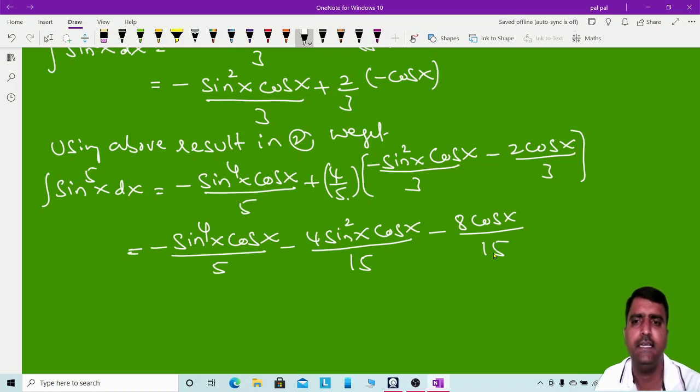So this is the integration of sine to the power 5x. And don't forget to put the constant. So plus c, this is the integration of sine to the power 5x dx.